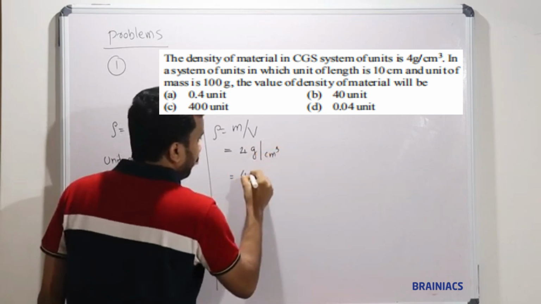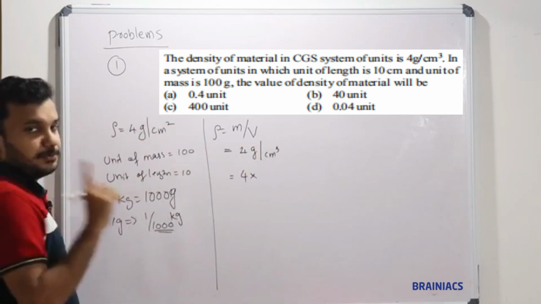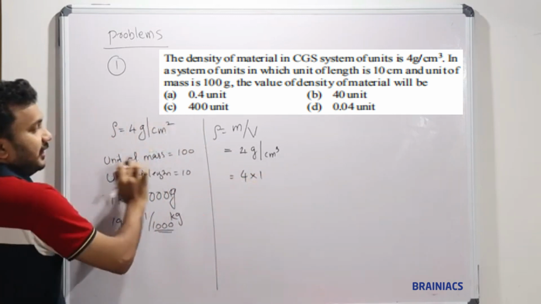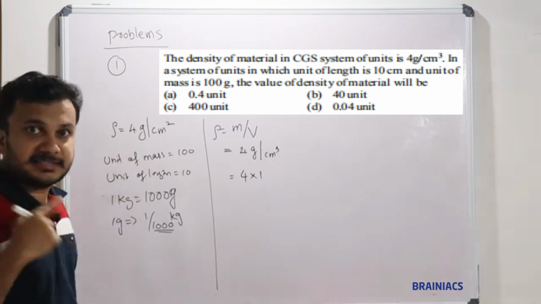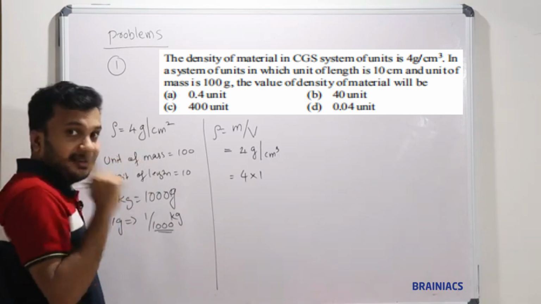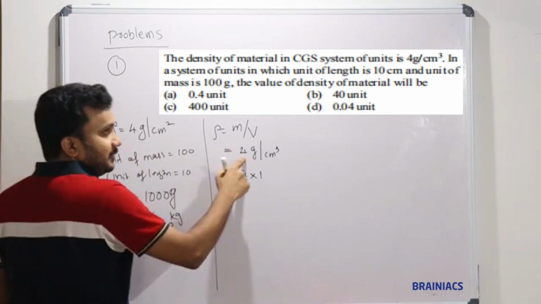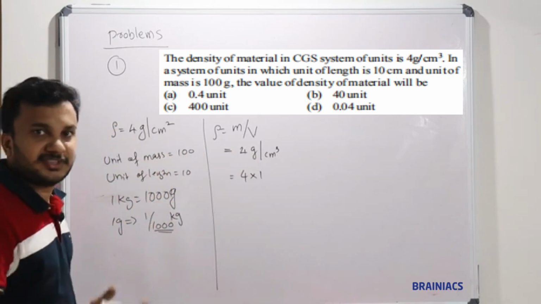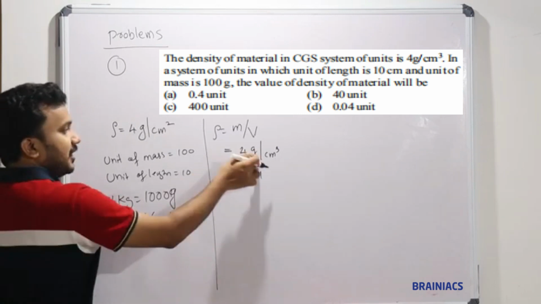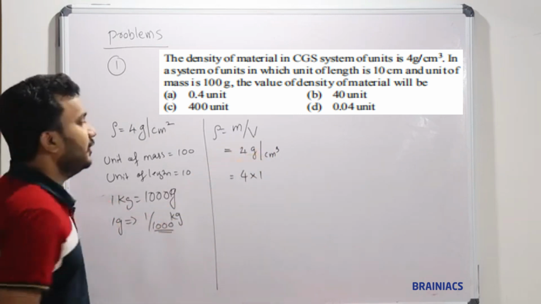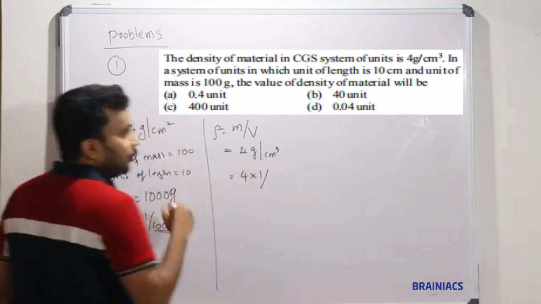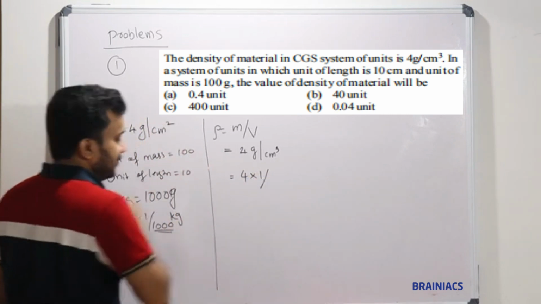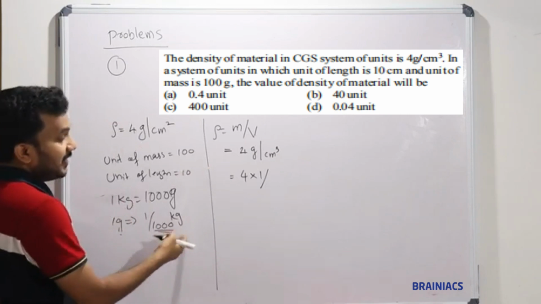We'll convert 4 into gram, meaning mass. 1 gram is taken by default, because it is not mentioned otherwise. Next, the gram I am converting to the required unit. What is the required unit? The unit of mass.